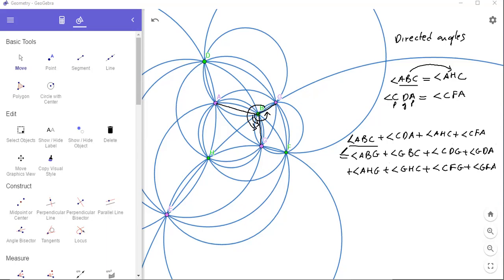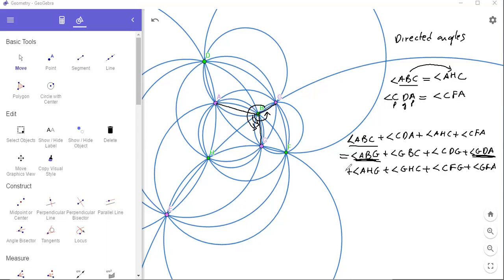Okay, so if you look at ABG, that lies on circle ABGD, right? So we'll just check for something like ADG or GDA. So here we go.